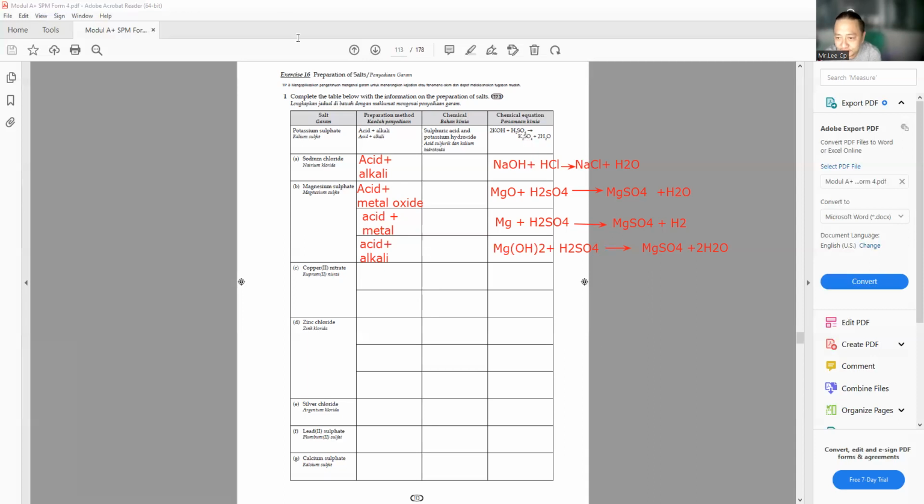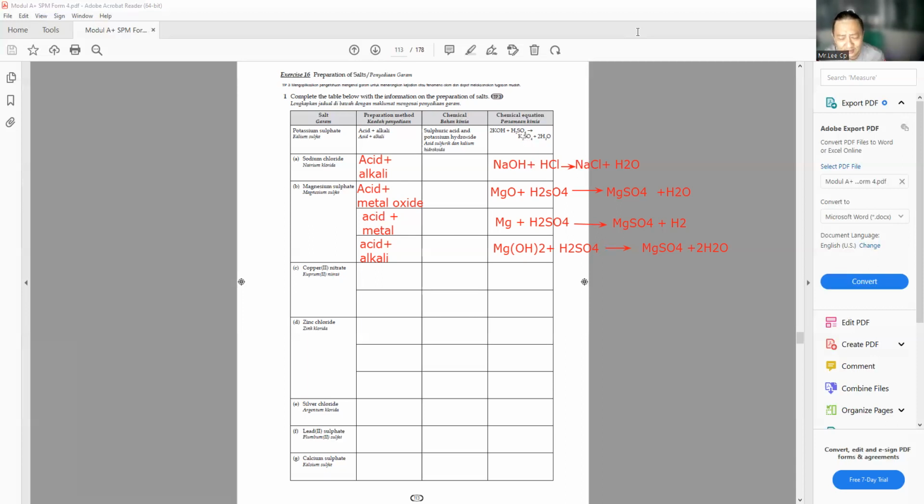Okay. Now, copper 2 nitrate. How to form the copper 2 nitrate? You need to have copper something and something. What do you have? Give me one answer.